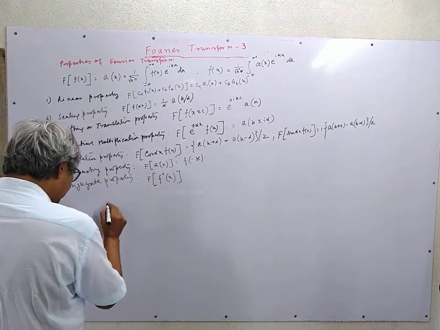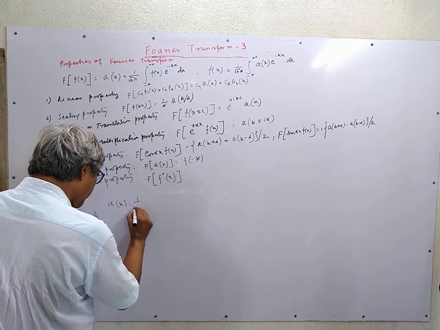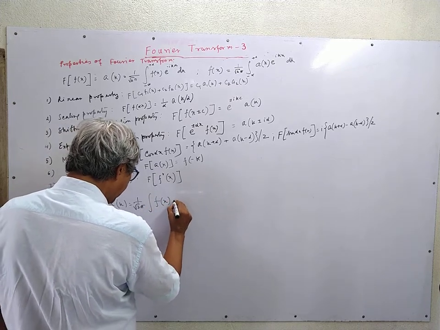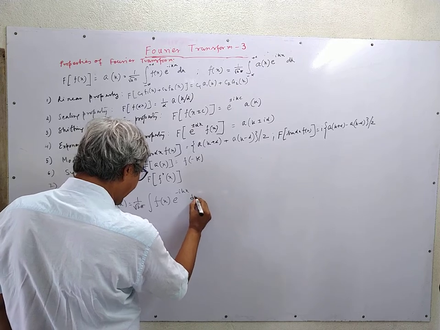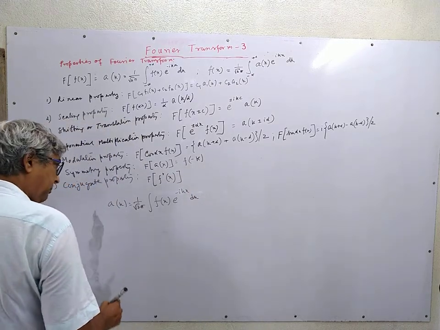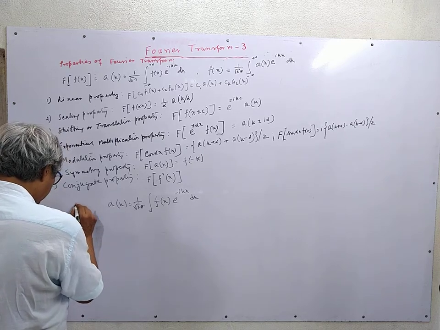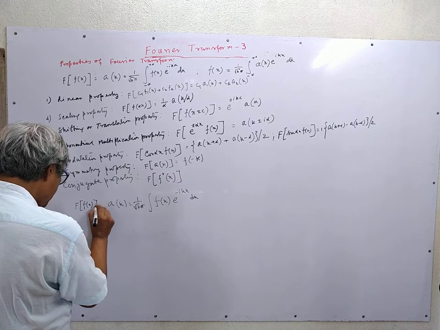We start with this. A of k is equal to 1 upon root 2 pi, integral of f of x e to the power minus I k x dx. This is actually the Fourier transform of f of x.